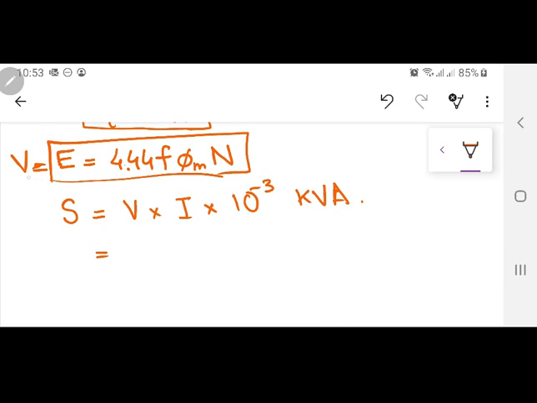If you put this formula in this equation, S is equal to 4.44 f phi m into Ni into 10 raised to power minus 3 kVA.